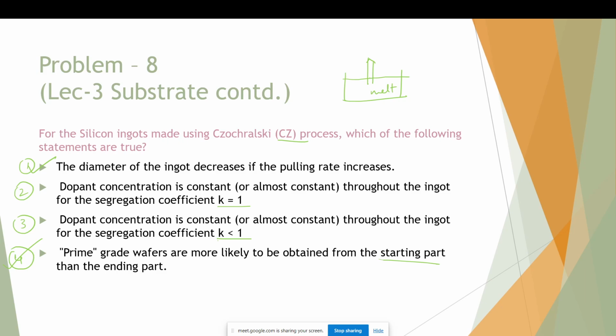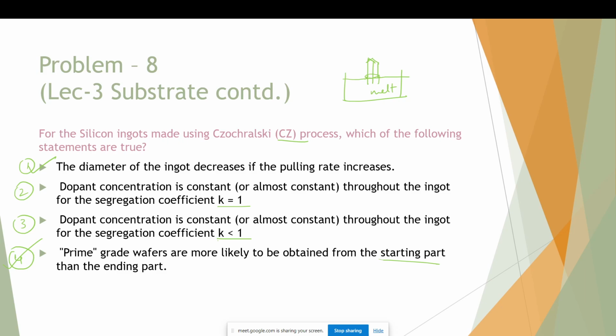The heat dissipation can only occur across the surface area, but the heat is produced in the volume. So if the radius of the ingot is very big and we pull it fast, there won't be enough time for the energy to dissipate. So that is why we won't be able to make the radius big in the first place.